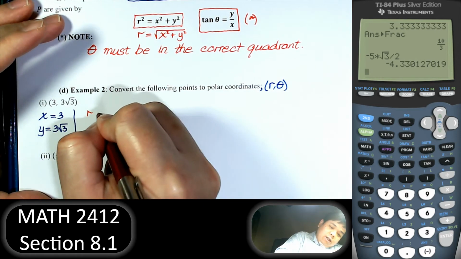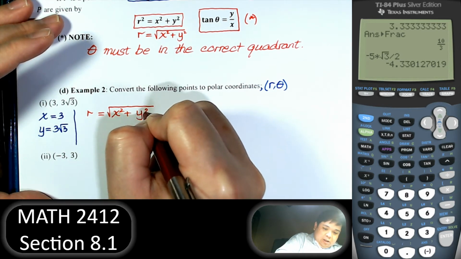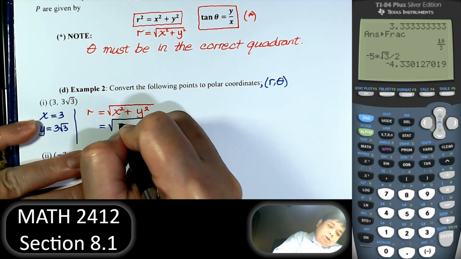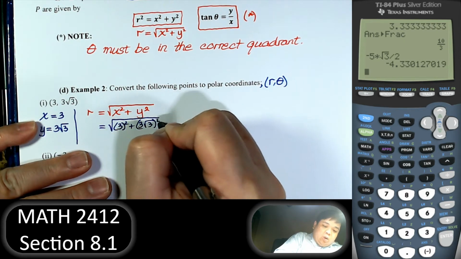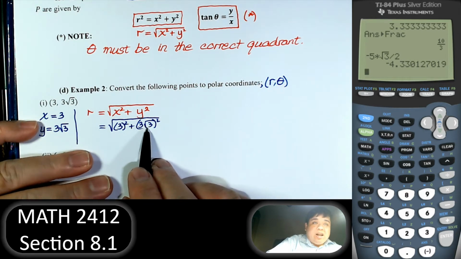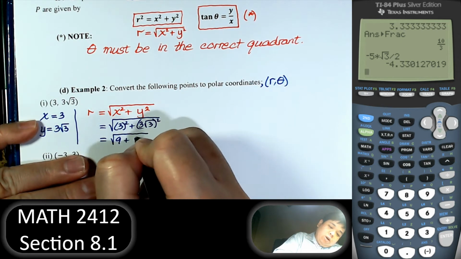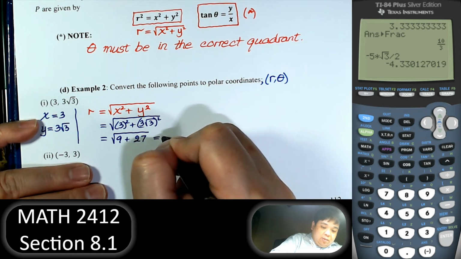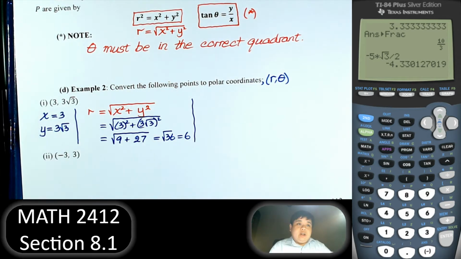So r is equal to the square root of x squared plus y squared. So we have the square root of 3 squared plus 3 square root of 3 squared. 3 square root of 3 squared is 3 squared times 3, which is 9 times 3, which is 27. So we have the square root of 9 plus 27, which is the square root of 36, which is equal to 6. So r is equal to 6.